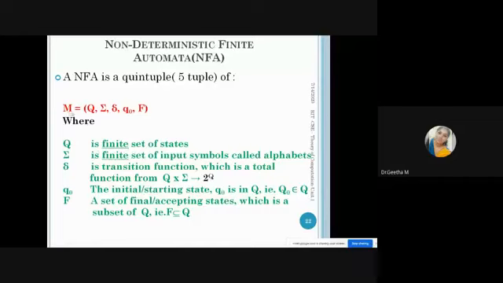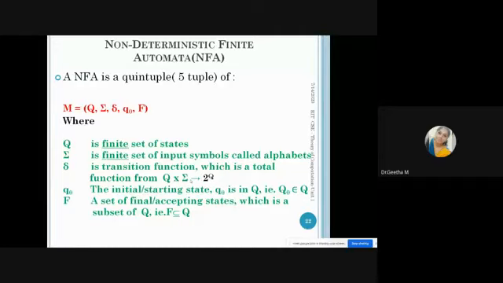M equal to Q, sigma, delta, q0, F, where M is actually the NFA, Q is the set of states, sigma is the set of input symbols, but delta is a transition function which maps Q cross sigma, whose left hand side components or parameters are same, Q cross sigma, to 2 to the power Q, which means that so many possibilities are there.